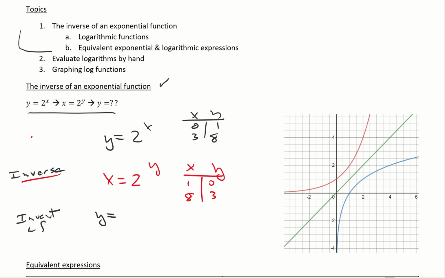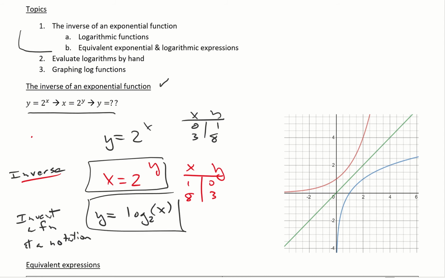So we invent a function and a notation. And here it comes: logarithm base 2 of x. These two are what we call in mathematics equivalent expressions.